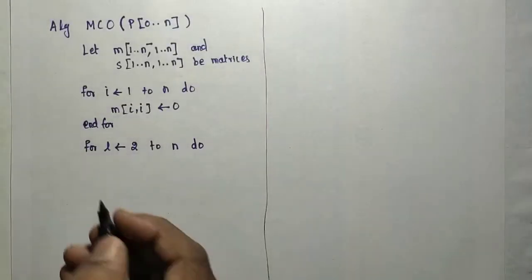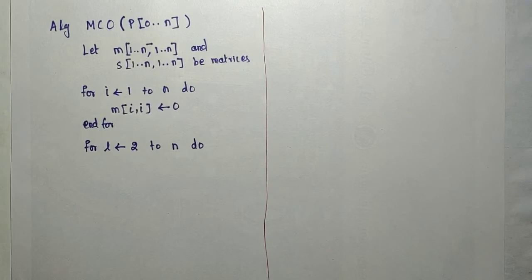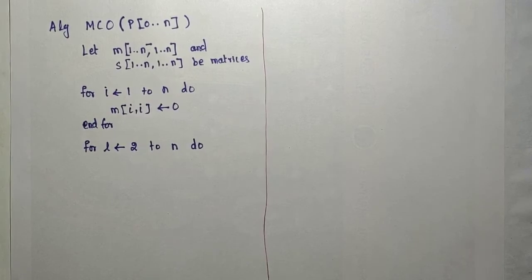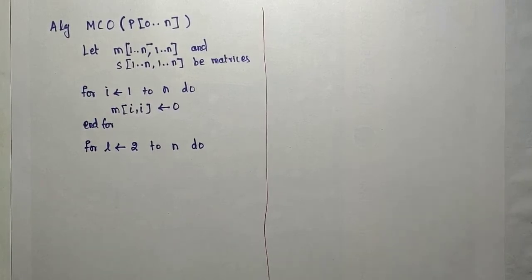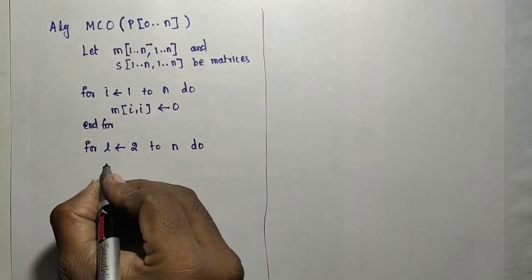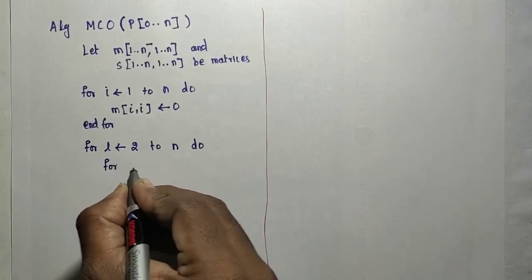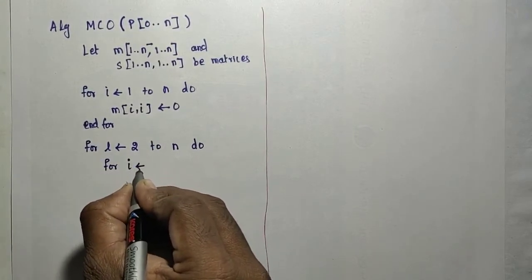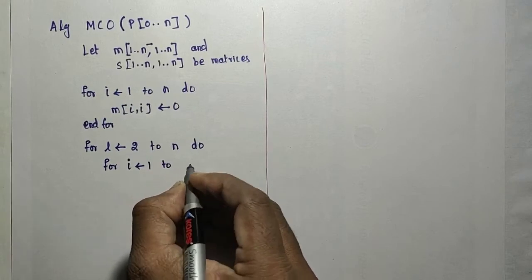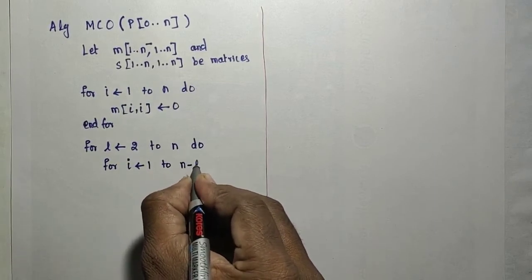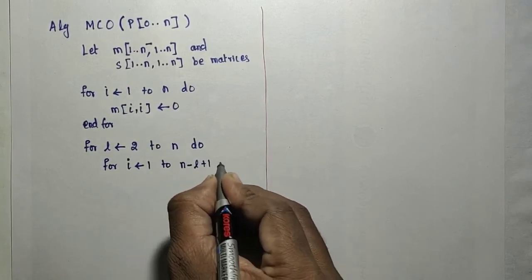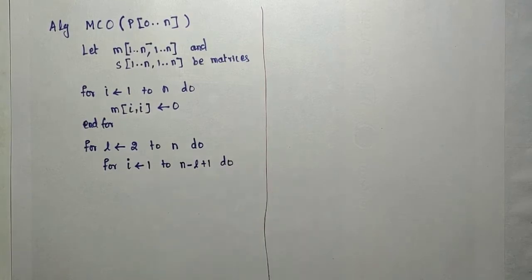So I need to start an iteration inside that for loop, like for i equal to 1 to the end index, up to n minus L plus 1, and do the following.